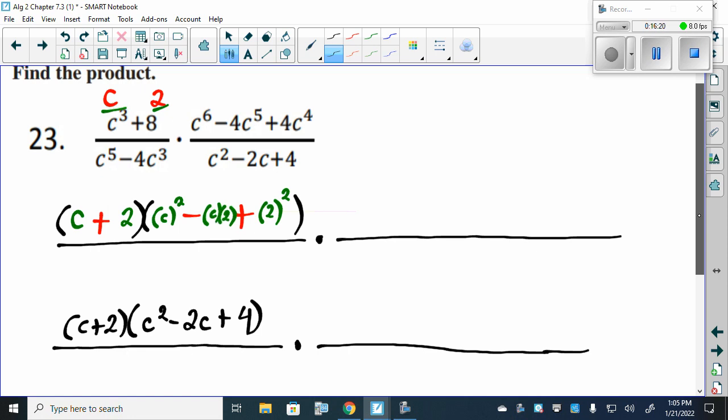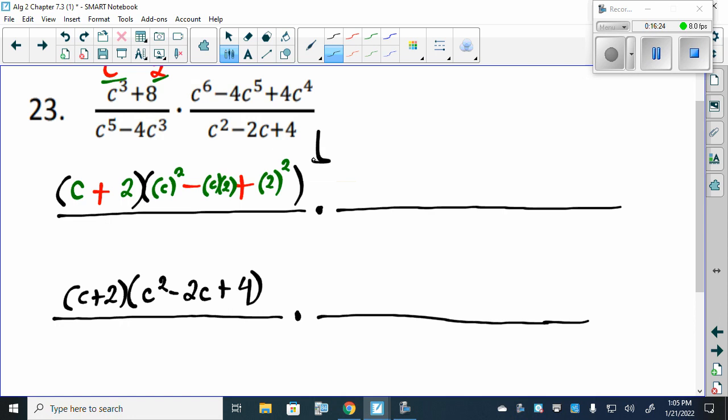It's on the bottom of the fraction. But these two here already match. So do I really need to do anything with this other c squared minus 2c plus 4? Well, no. So that means I can go on and just write it down on both, because we're not going to have to do anything with it. It's already going to cancel out with the one on top.